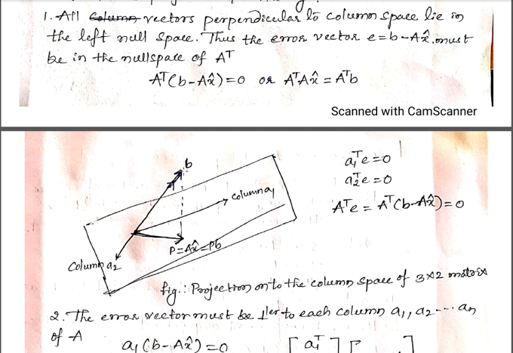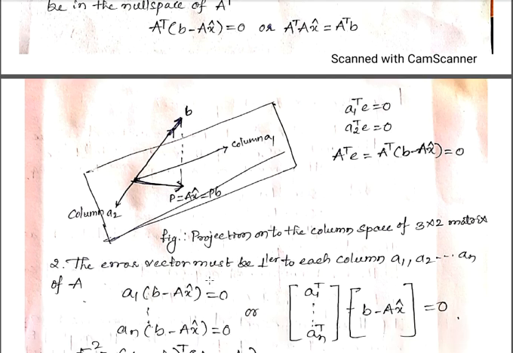The projection of B means whenever this B is projected onto the horizontal plane, whatever is the length of that, we call it P, which is AX cap. So A1 transpose E should be equal to 0, A2 transpose E should be equal to 0, and similarly A transpose E, which is nothing but A transpose times B minus AX cap, should be equal to 0.